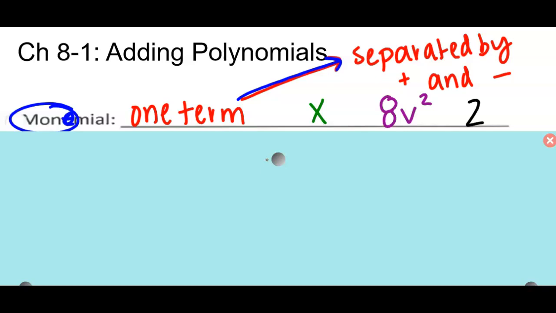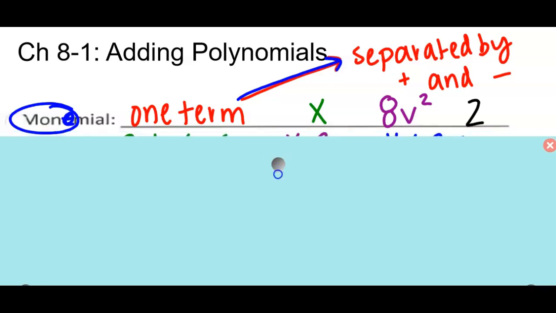That's all one thing, but it's only one term, or 2. Polynomials are things that are separated by a plus and a minus sign, okay? So there's no plus or minus sign with this x. There's no plus or minus sign with this 8v squared. There's no plus or minus sign with the 2.